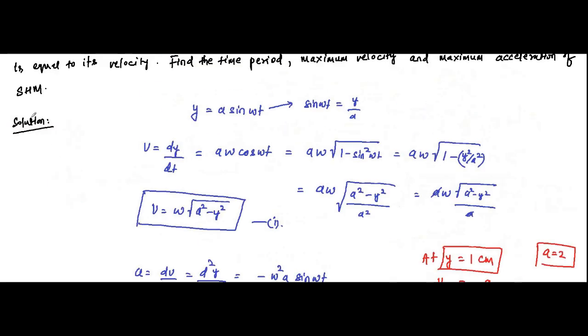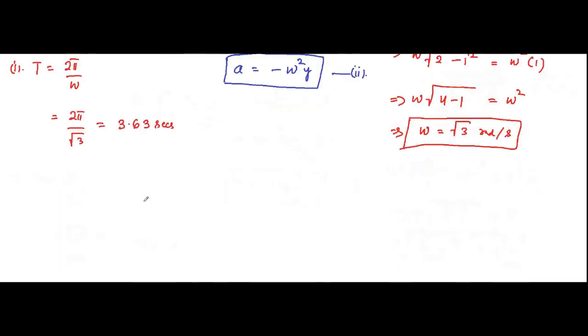Then the second thing that is asked is the maximum velocity. Vmax, for SHM, is equal to omega into A, that is angular frequency and amplitude. Omega is equal to root 3, amplitude is equal to 2 centimeters, so it is coming 3.464 centimeters per second.